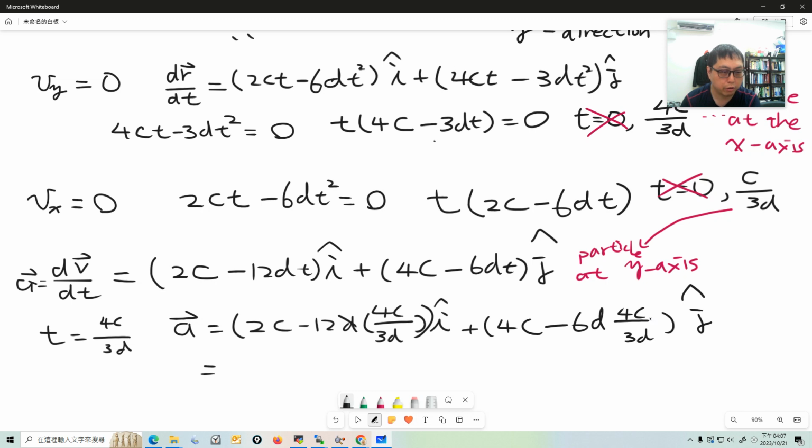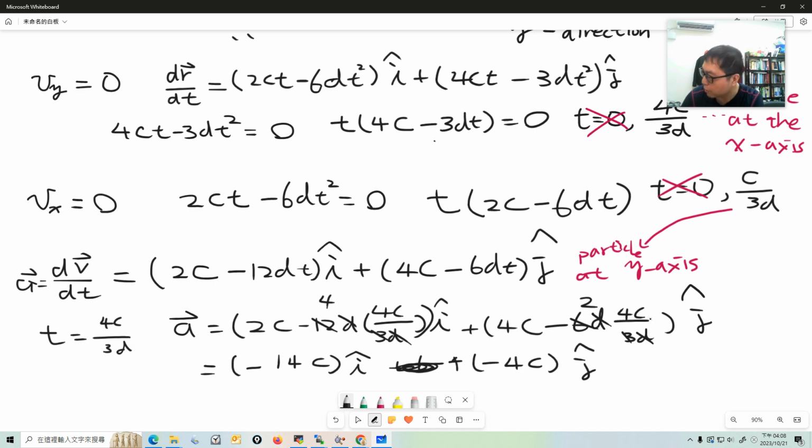Let's do a little calculation. The d's cancel, this becomes 4, this becomes 4, so it becomes minus 14c i minus 4c j. Did I do the calculation right?